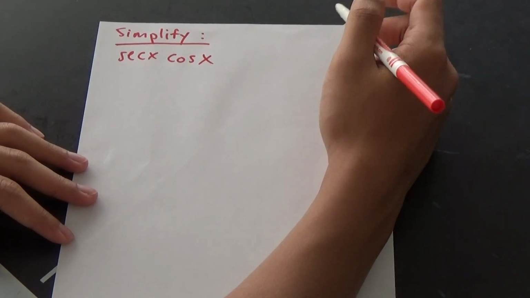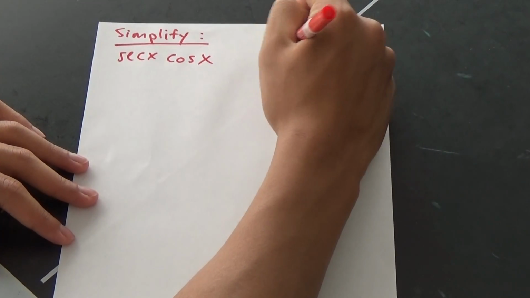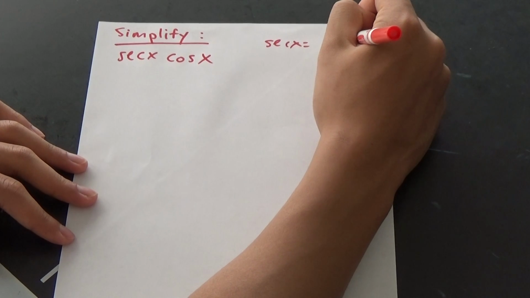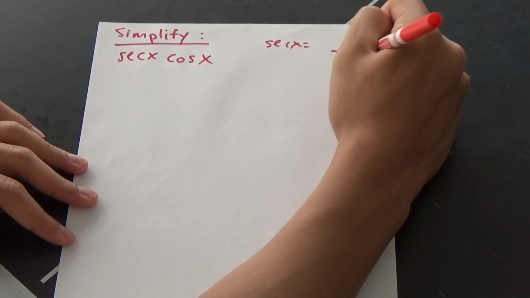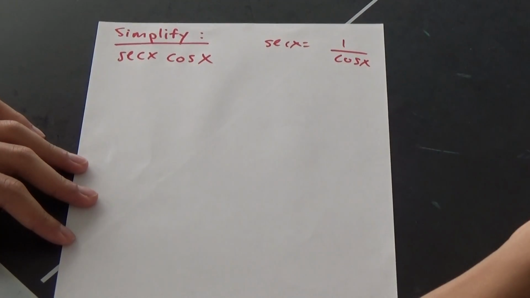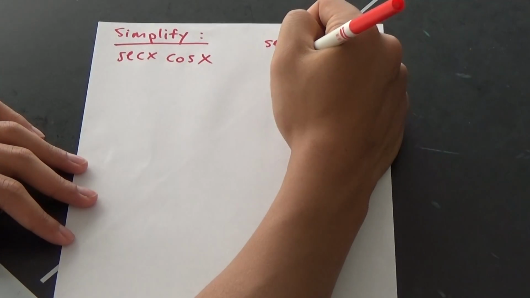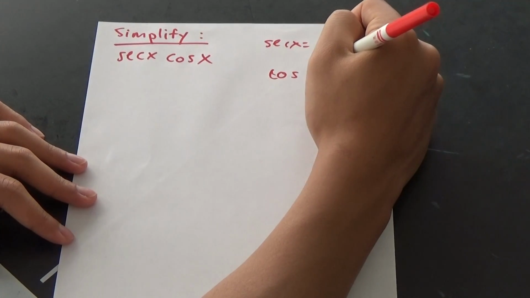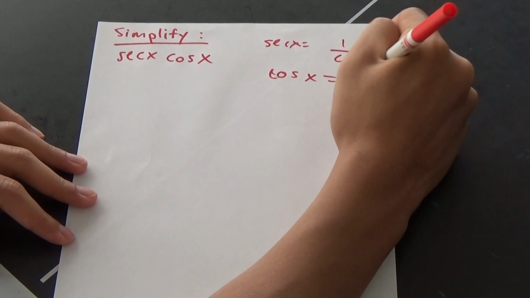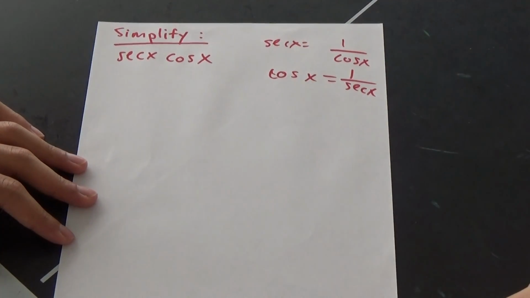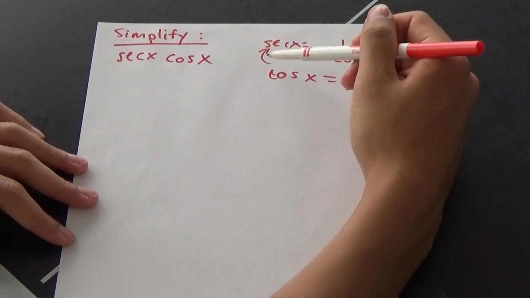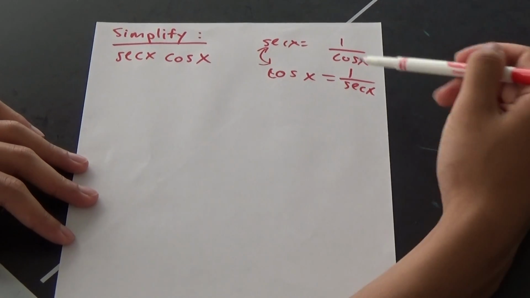And that's one of the reciprocal identities. Secant x equals 1 over cosine x, and this is derived from the one earlier. Whoops, I should have written this first actually. But these two are pretty much interchangeable like this.